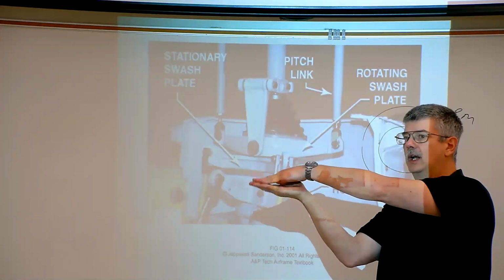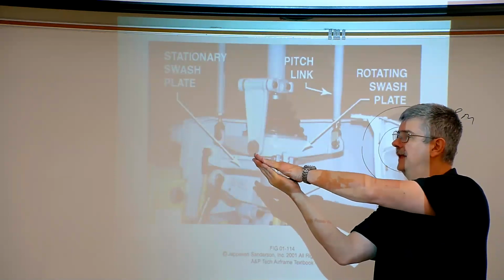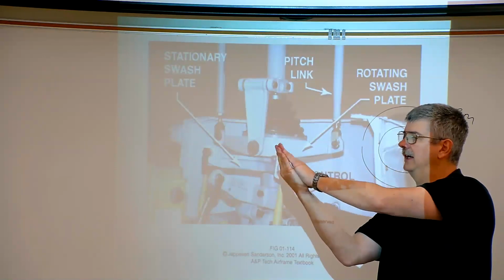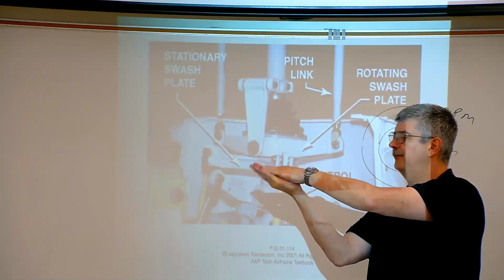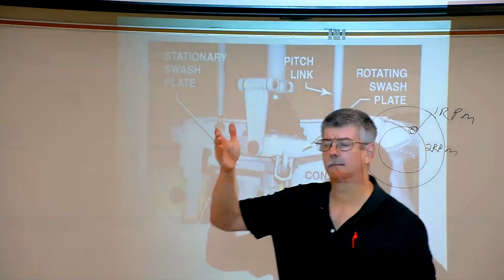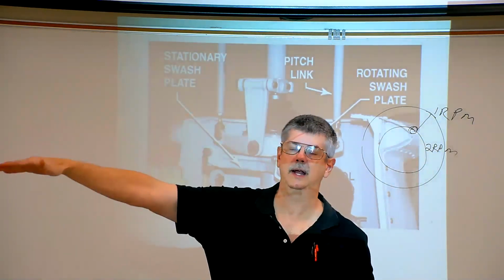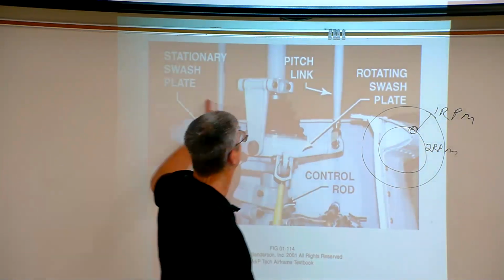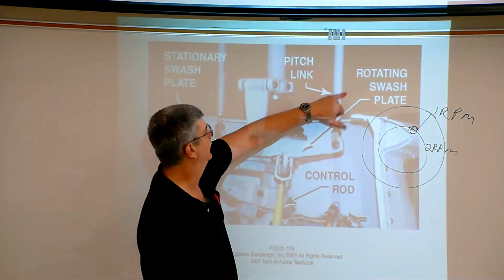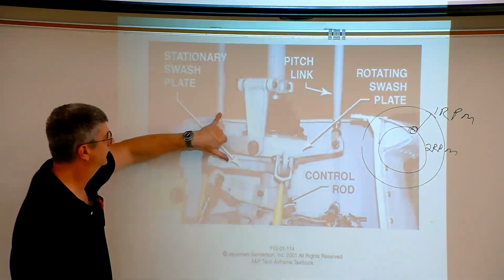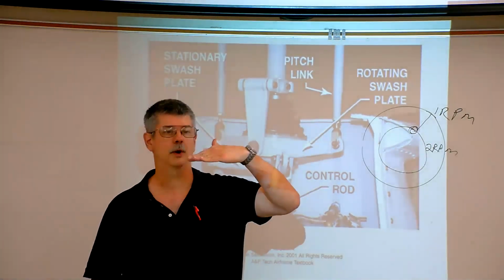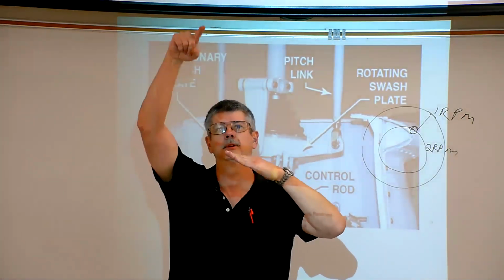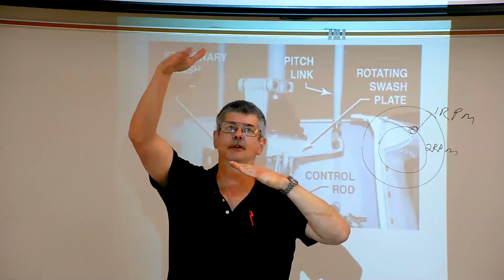So if we move the cyclic, then the top plate also follows what the bottom plate is doing. If we tilt it, then the plate moves and the rotor blade increases its pitch through these pitch links. So if the swash plate tilts, the side that goes up, that blade's angle of attack generally will increase.